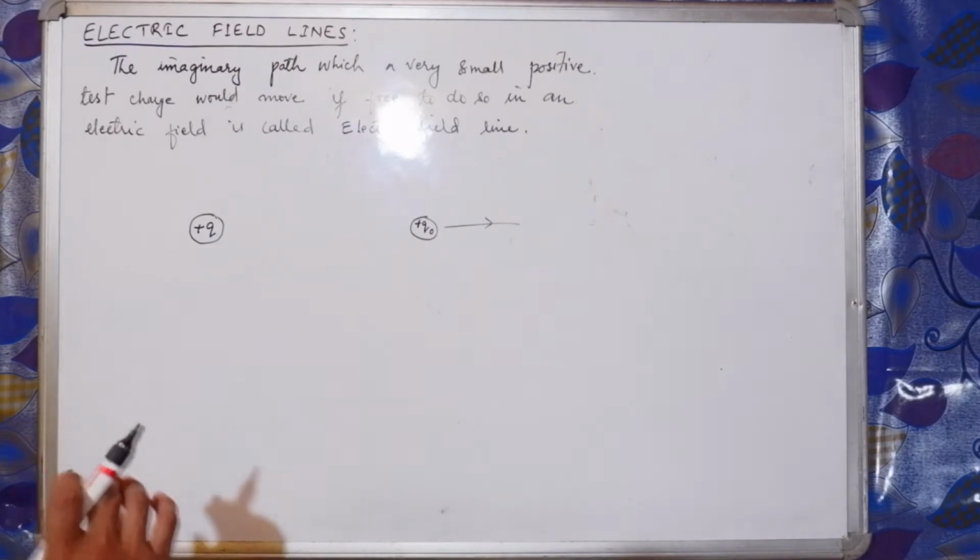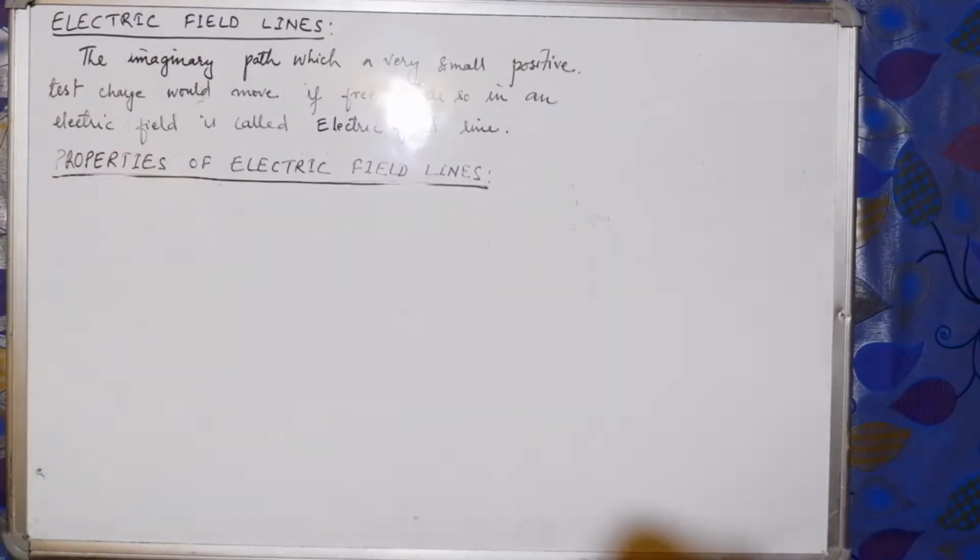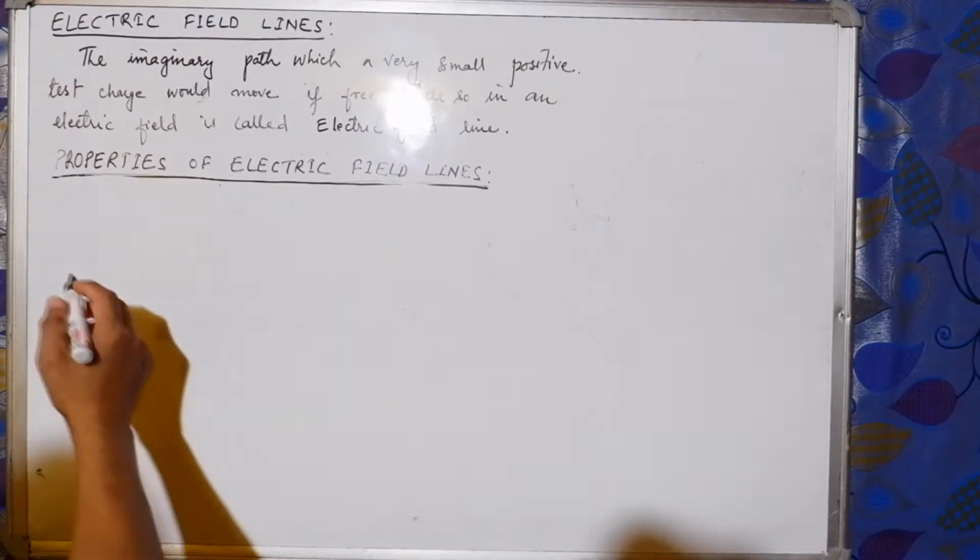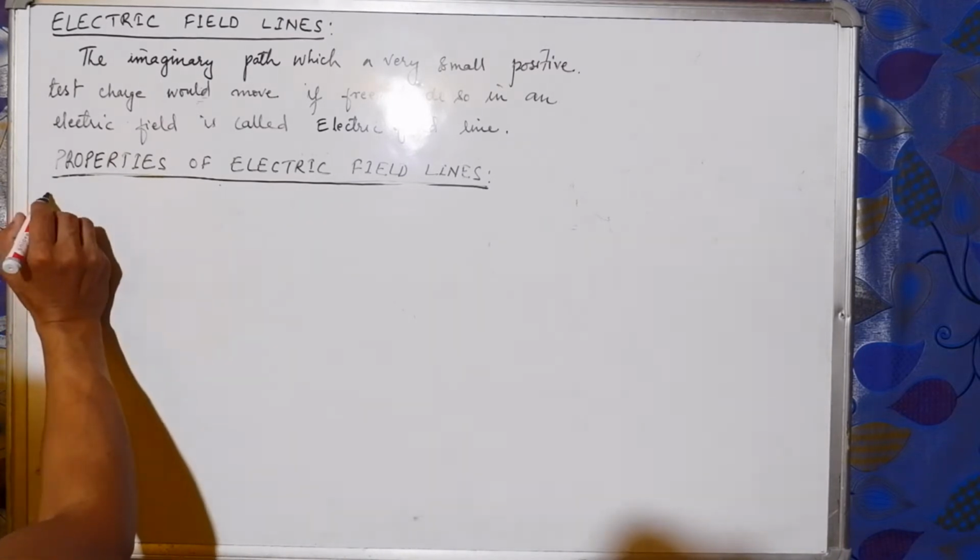Now let us go to the next topic. Now we will do properties of electric field lines. Let us write number 1.